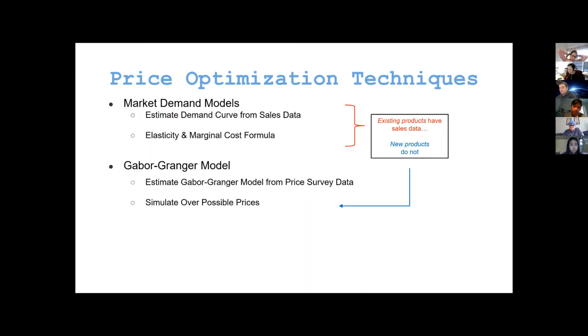So as I mentioned, there are many different techniques to figure out what is a good price for my product or my service. And I'm not going to lie, pricing is as much an art as a science, but there are some scientific methods to at least guide developing that price.